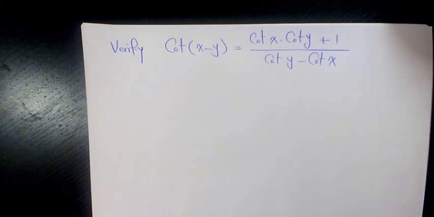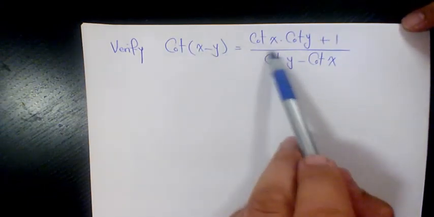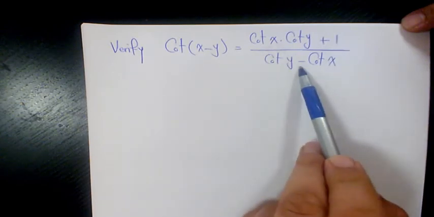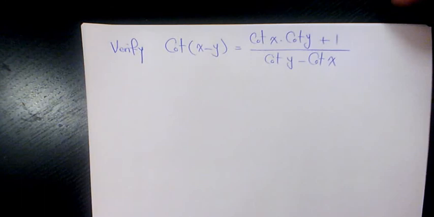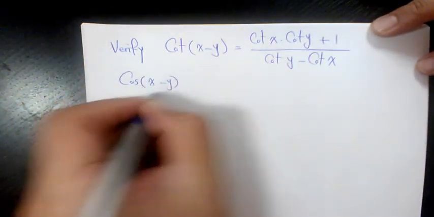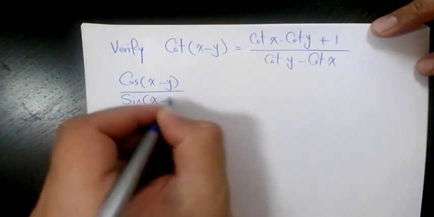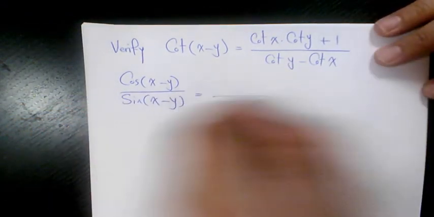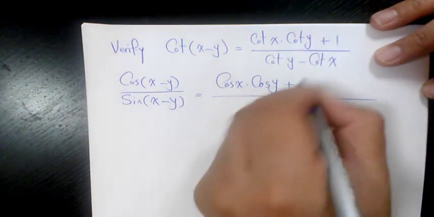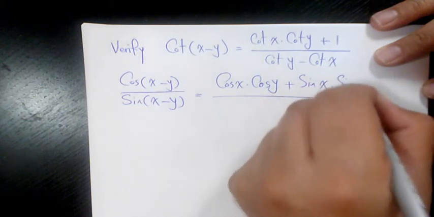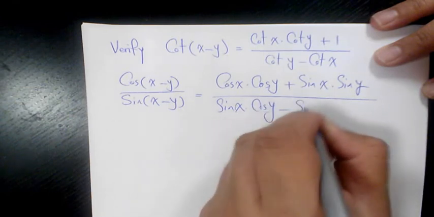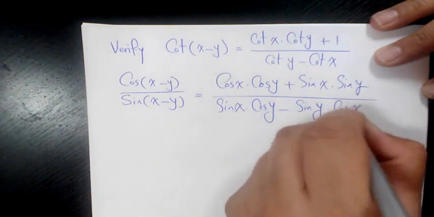Now let's look at cotan x minus y equals cotan x times cotan y plus 1 over cotan y minus cotan x. So let's do it quickly. So we have cosine x minus y over sine x minus y, cos x cos y plus sine x sine y over sine x cos y minus sine y cos x.